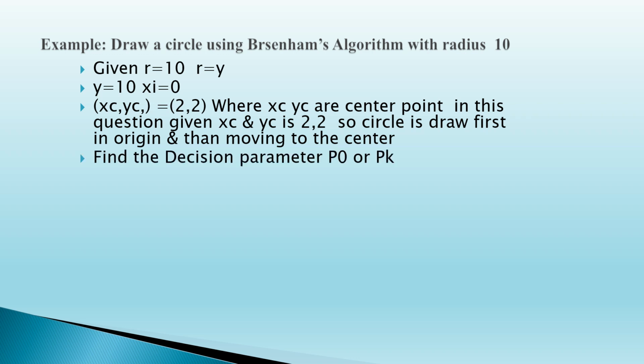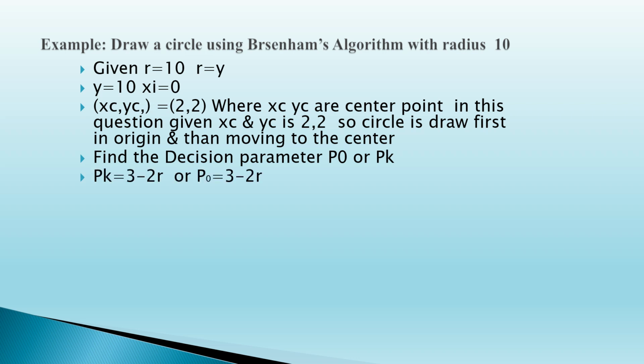So first, what is the first thing we have to do? We have to find the decision parameter, that is p0 or pk. The formula for the Bresenham circle is pk equals 3 minus 2r.